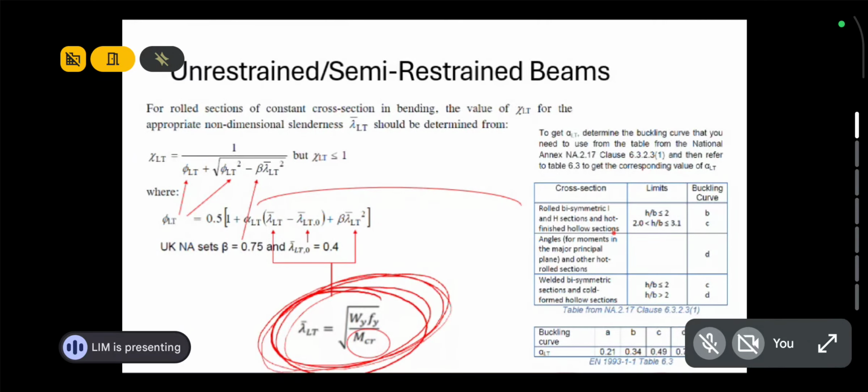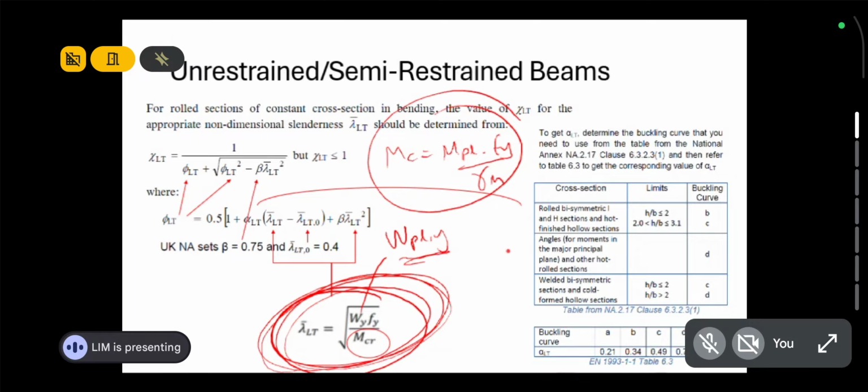Okay, what's lambda LT? So lambda LT is square root WY times FY divided by MCR. Now, WY is your WPL for your beam, the one that you use for your restraint design. To calculate MC, it's WPL times FY divided by gamma M. This formula, you should remember?